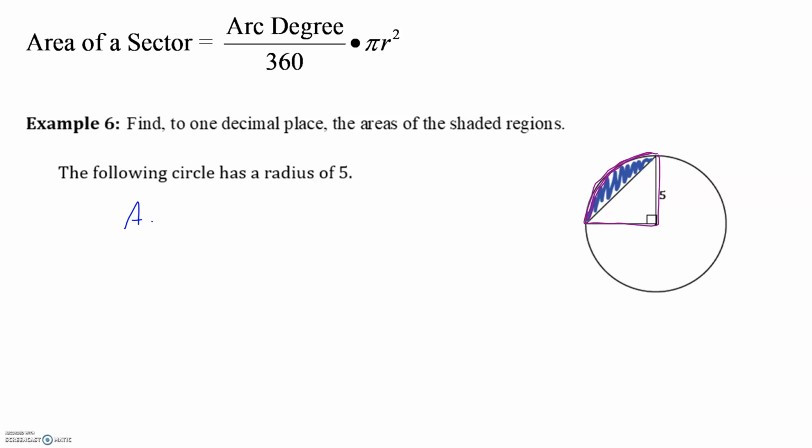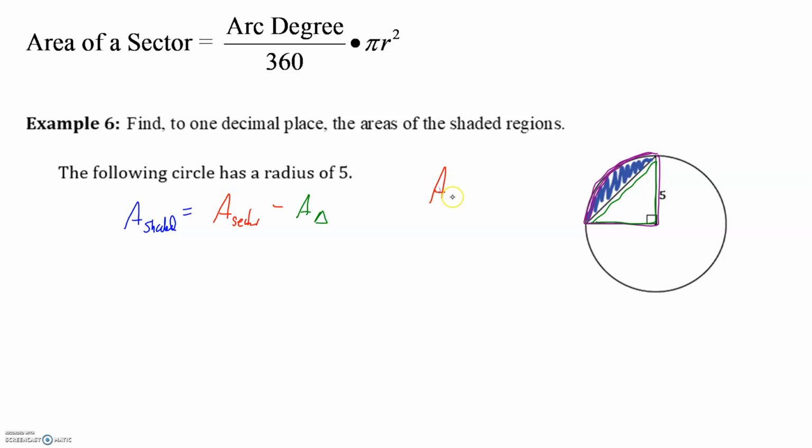So the area of the shaded region is going to equal, in this case, the area of the sector minus the area of a triangle. If I remove this green triangle here, that would just leave me the blue part. So let's actually solve that.